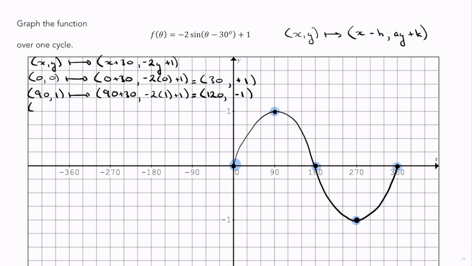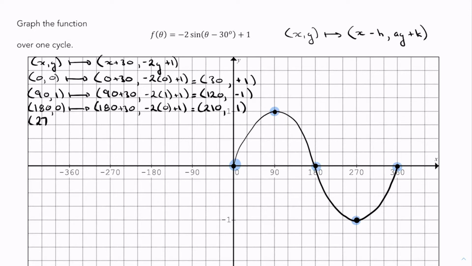Next, we have 180, comma, 0. That's going to bring us to 180 plus 30, and -2 times 0 plus 1. That's going to be 210, comma, +1 again.